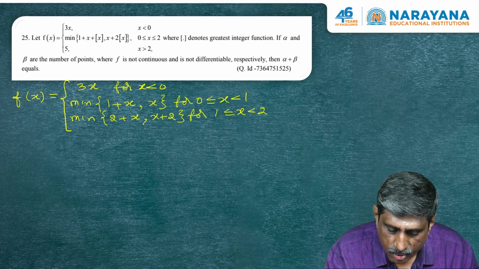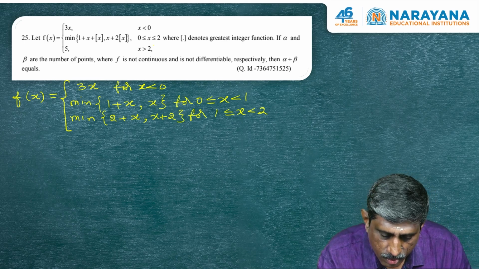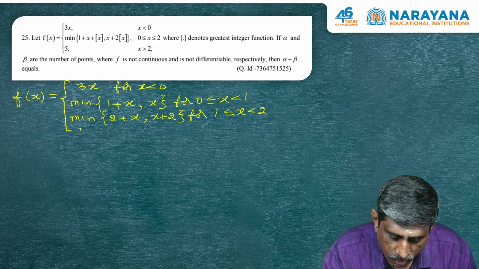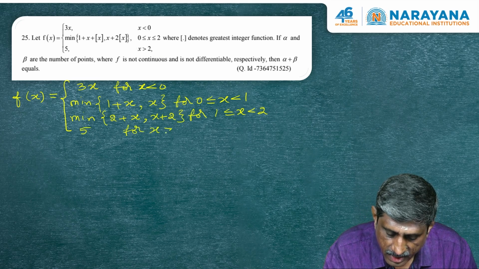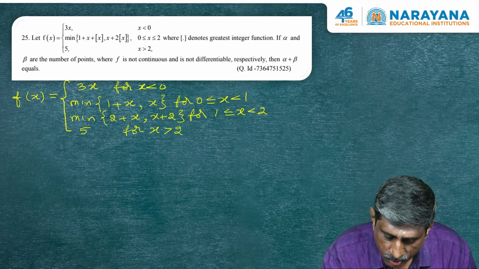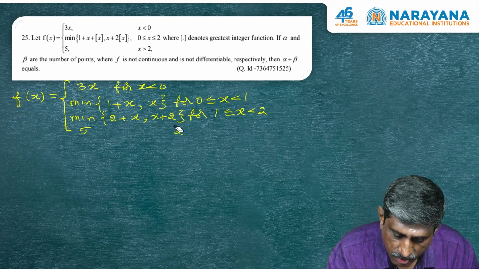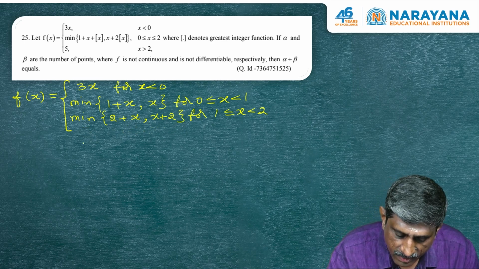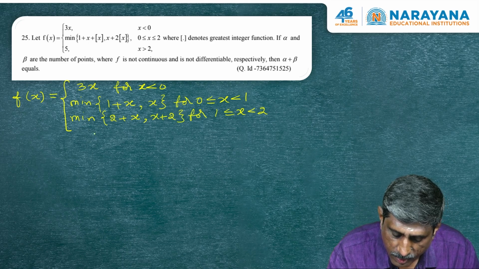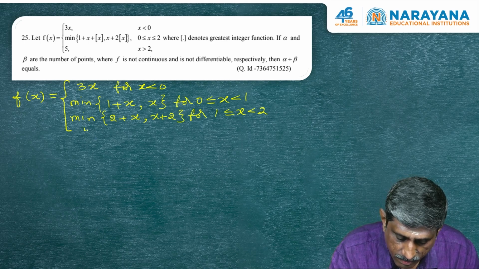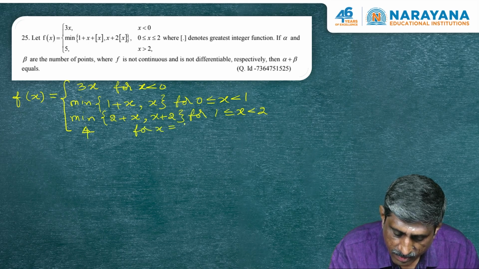When you put x equal to 2 here, I can add that also as a particular case specifically, and it becomes 2 plus 2, which is 4, and the minimum is 5 only, which is 4 for x equal to 2 and 5 for x greater than 2.